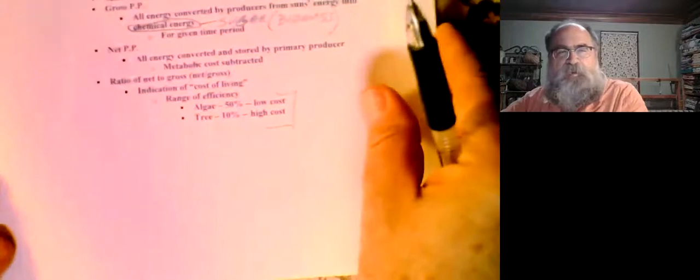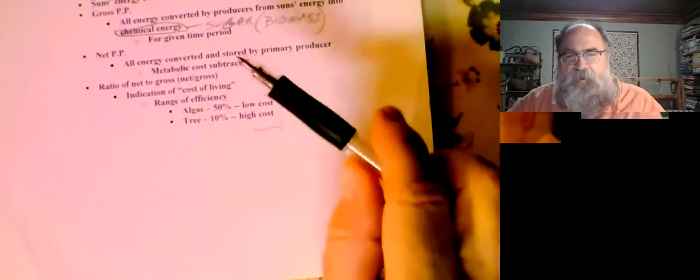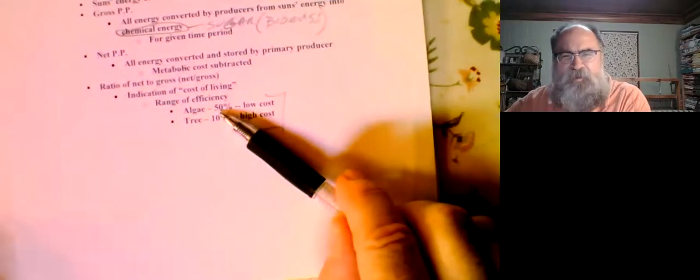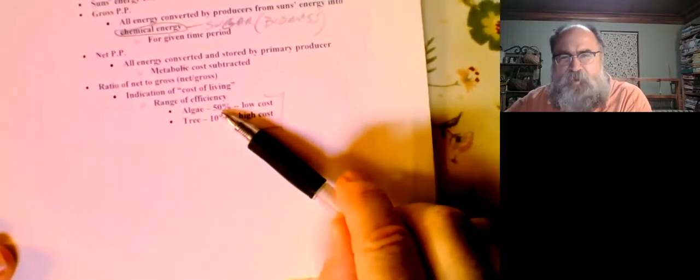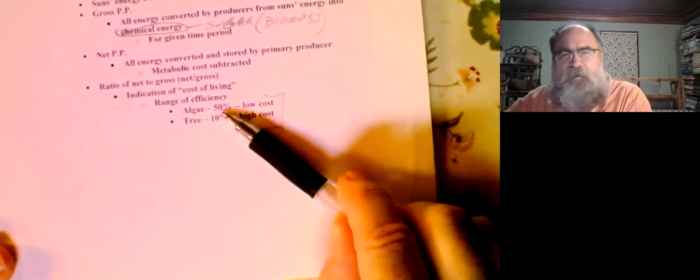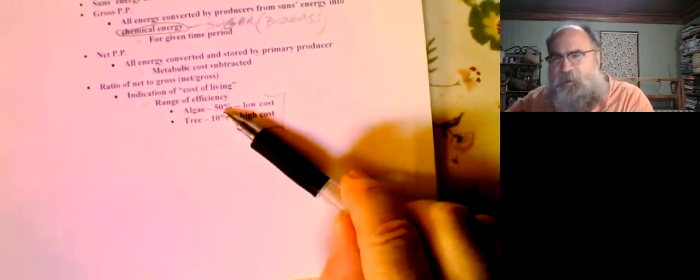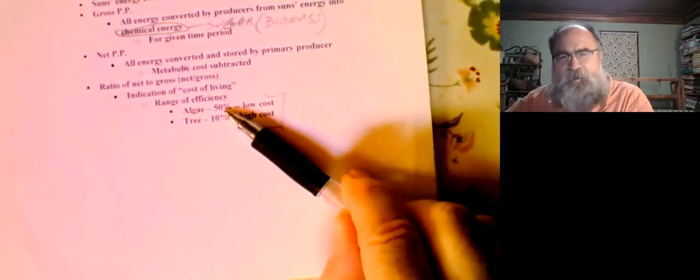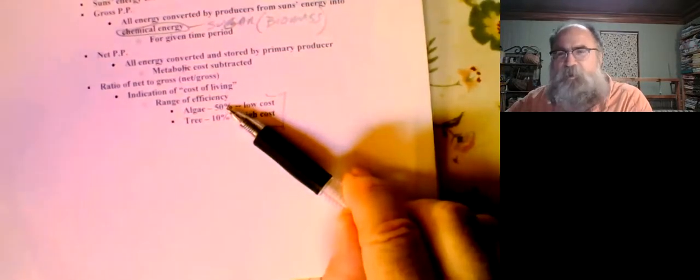When we look at different organisms, it ends up that they have different efficiencies in converting their energy into body mass. And so something like algae, right? Little unicellular, 50%, right? It only takes them about 50% of all that energy that they get coming into their little bodies to convert.